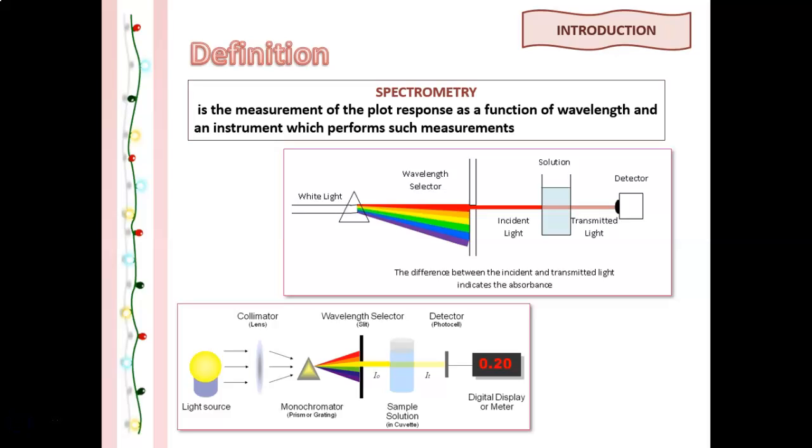For example, absorption of 420 to 430 nanometer light will render a substance of yellow color, and absorption of 500 to 520 nanometer light makes it red.